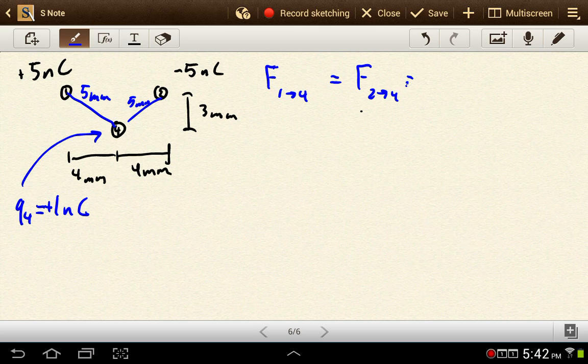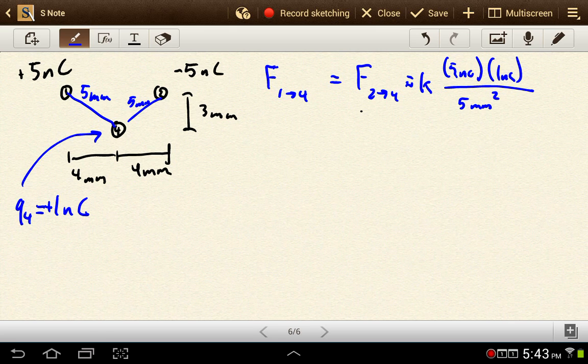So that's going to be K times 5 nanocoulombs times 1 nanocoulomb over 5 millimeters squared.